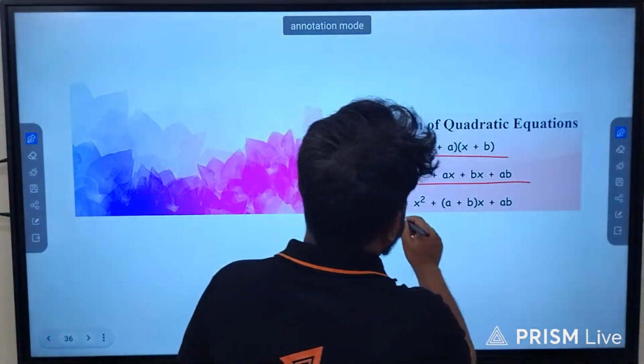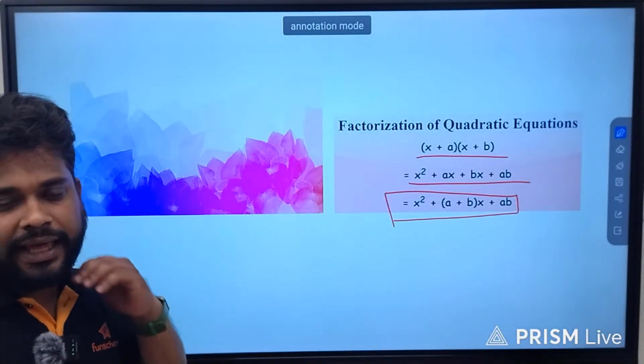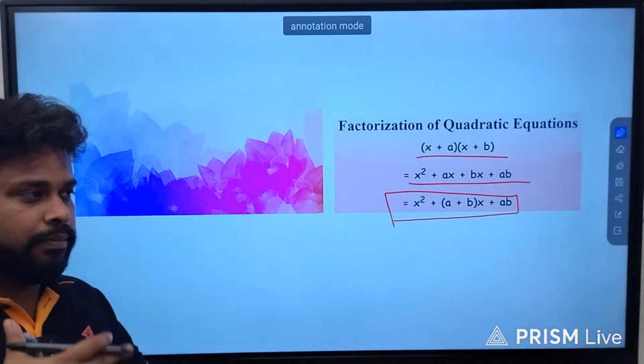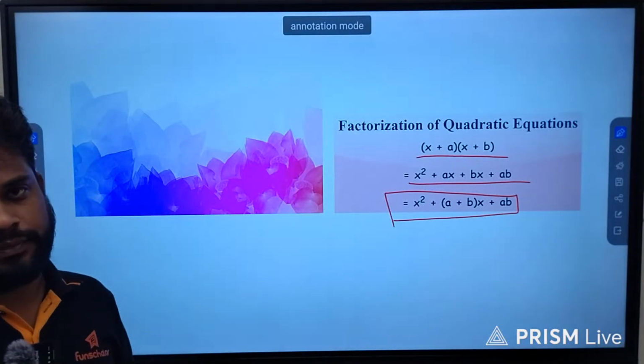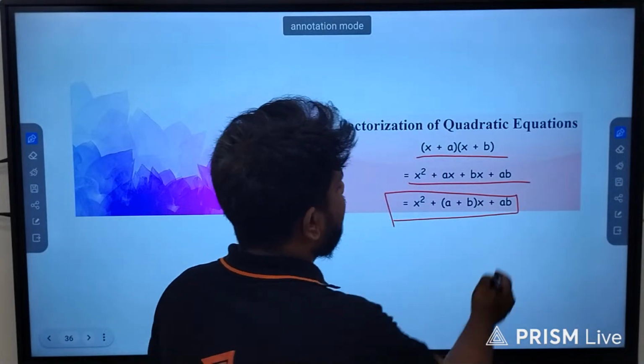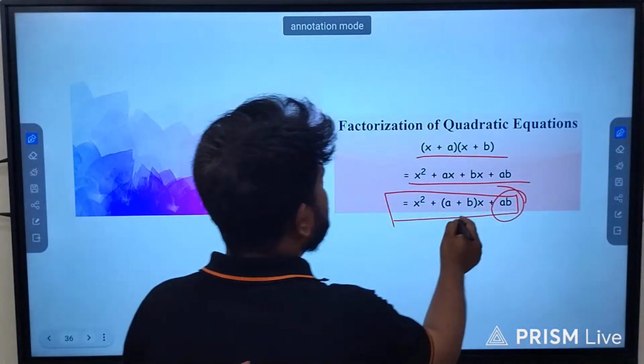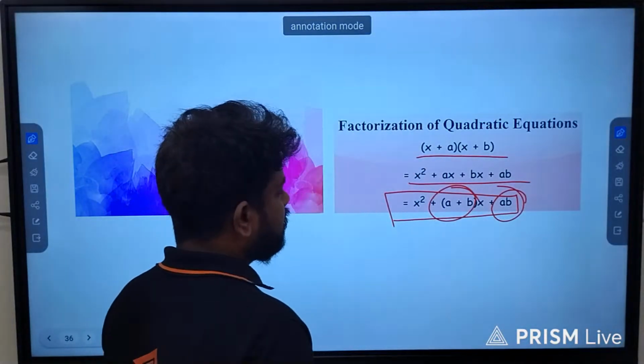Then we keep the like terms together and make it a factor. So it will be x square plus (a plus b) into x plus ab, where ab is the multiplication or product and a plus b is the sum of the two factors.